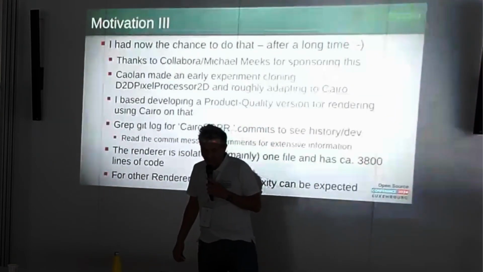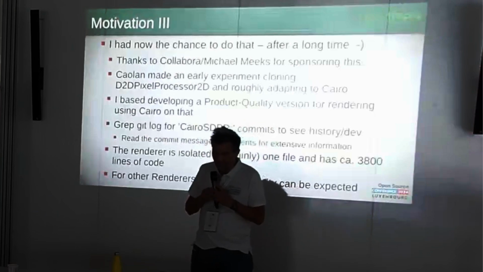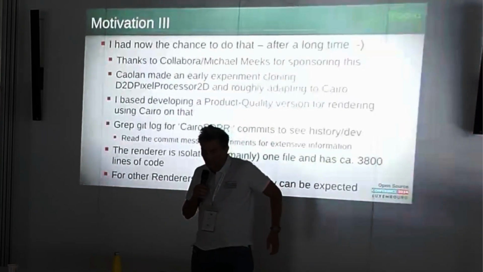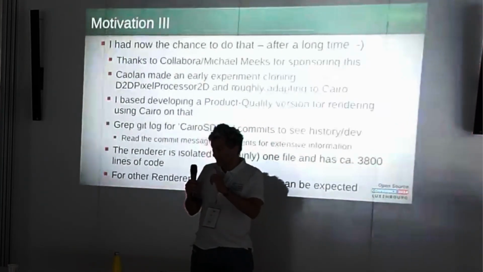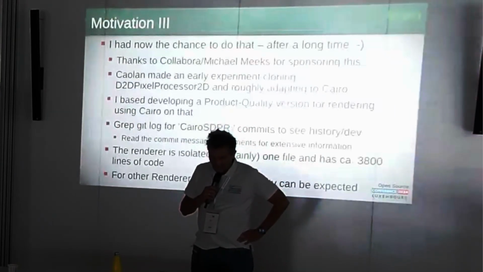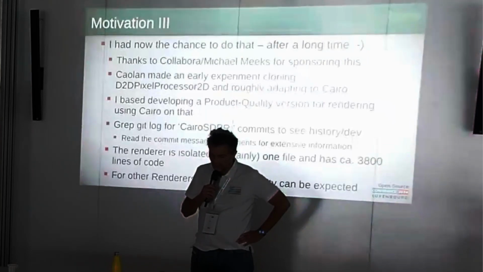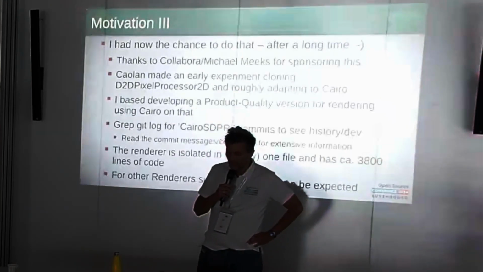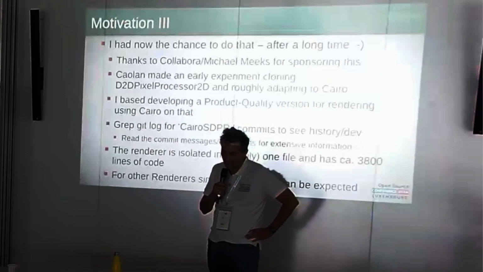So I had now the chance to do that after a long time, thanks to Collabora and Michael, who sponsored it. Thanks. And Quaylen started in principle and made an early experiment cloning this prototype, which I did for Direct2D.